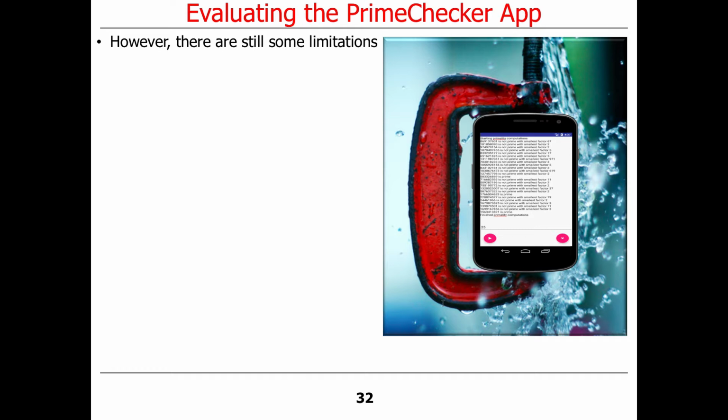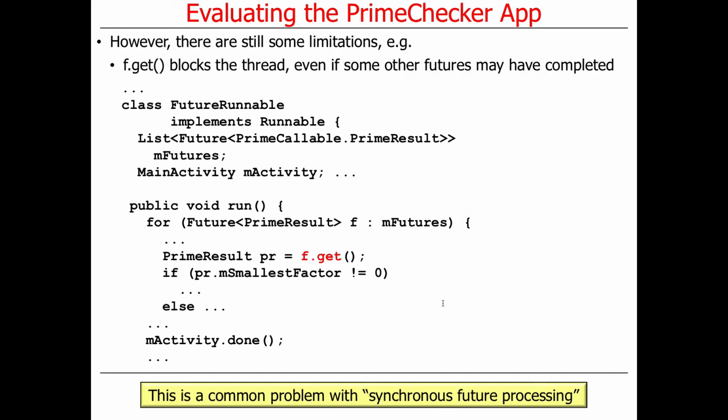There, however, are still some limitations. There's always pros and cons to everything we do because I'm motivating each of the features, and these limitations then motivate the next set of things we'll talk about. So one problem here is that we call f.get in this loop, and that will end up blocking the thread even if some of the other futures later in the list are already done.